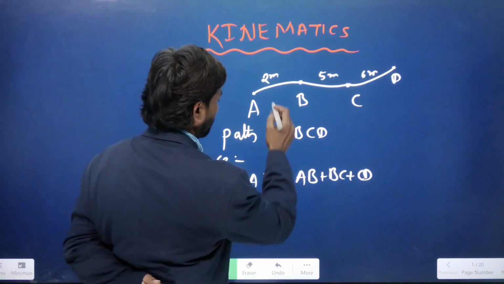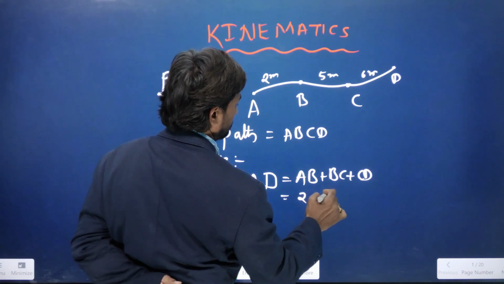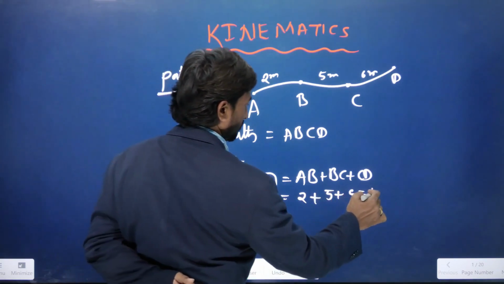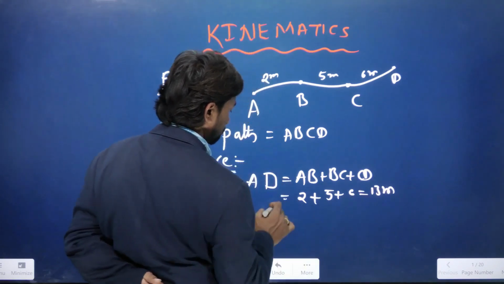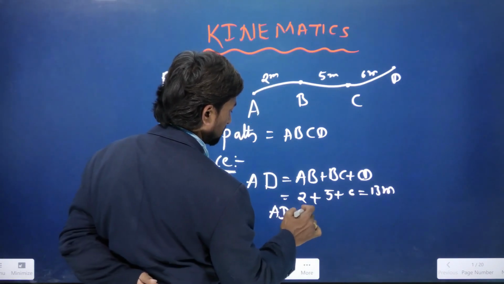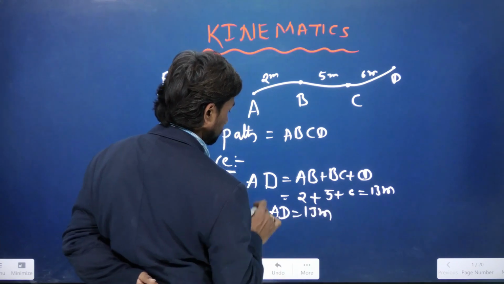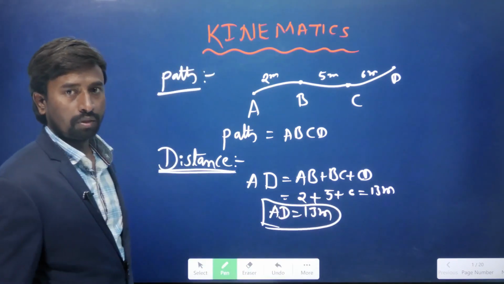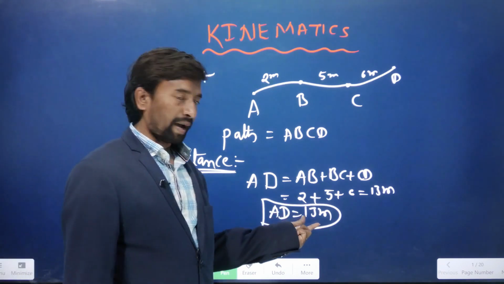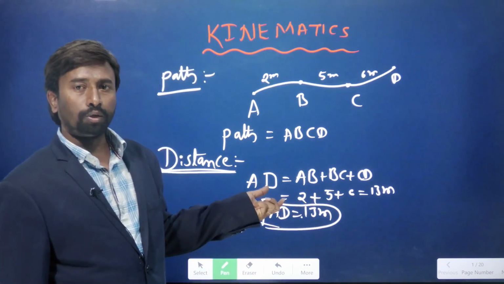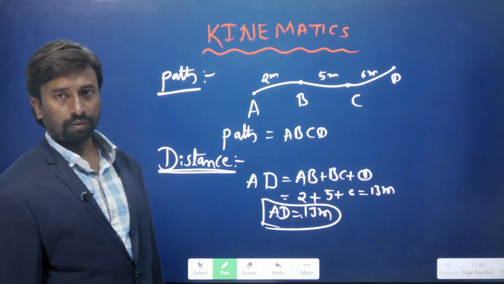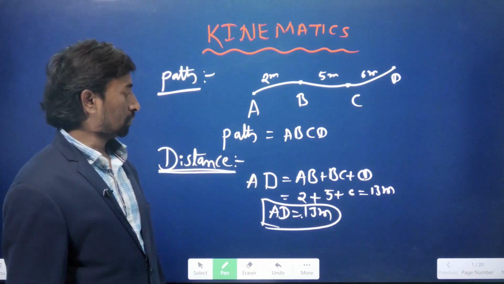Now AB is 2 meters, BC is 5 meters and CD is 6 meters. So we get 13 meters distance it has travelled. We can say the body has travelled 13 meters, and that is the magnitude. The magnitude is the numerical value followed by its unit. It means a certain numerical value is obtained.